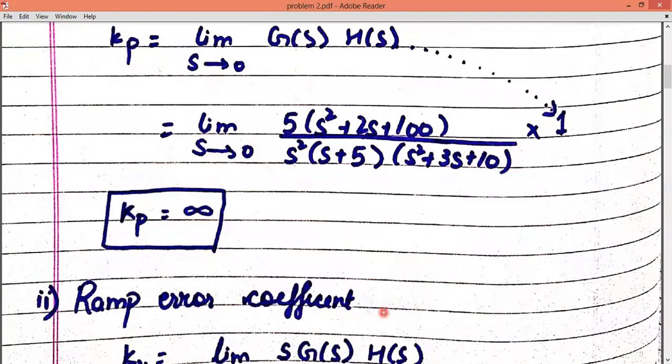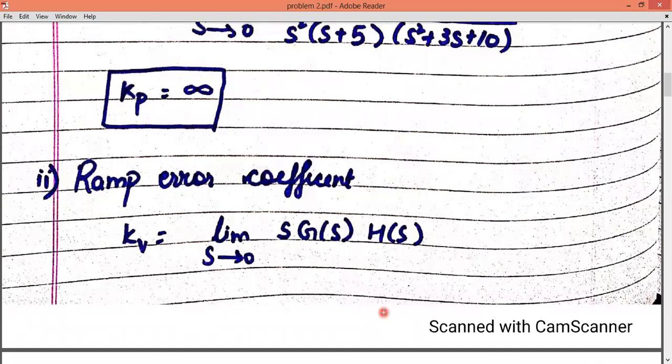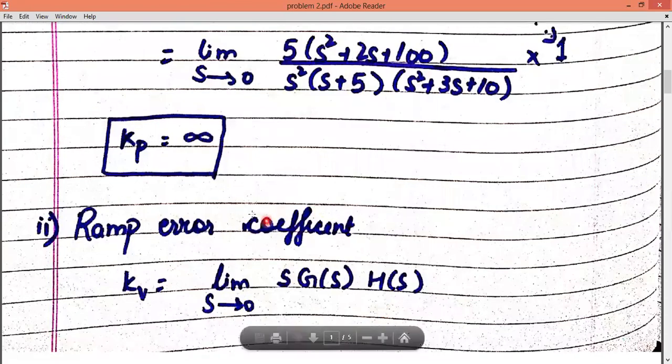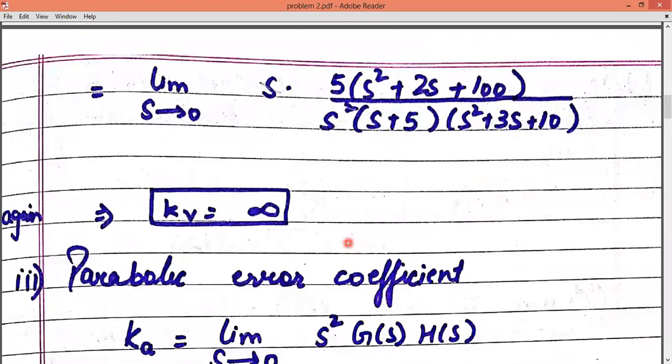Now the second part is we need to find the ramp error coefficient, also called the velocity error coefficient. When we derived the expression, we know this is the way to represent it: limit s tends to 0 of s into G(s) into H(s). Here another s is added, nothing else we have done. So we need to put the value of G(s) into H(s) and multiply by s.